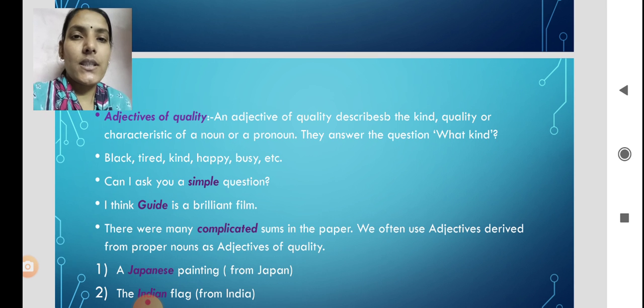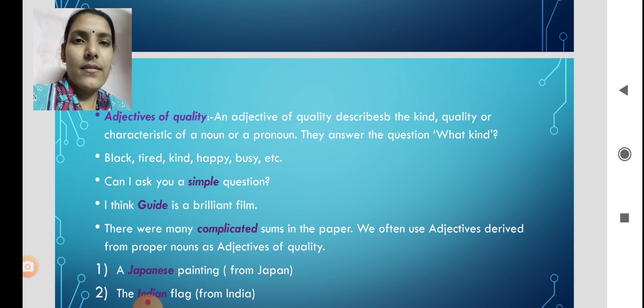Adjectives of quality. It is good quality or bad. If you go to buy clothes or paper or anything else, you will tell them that not any other qualities are there. An adjective of quality describes the kind, quality or characteristic of a noun or a pronoun.